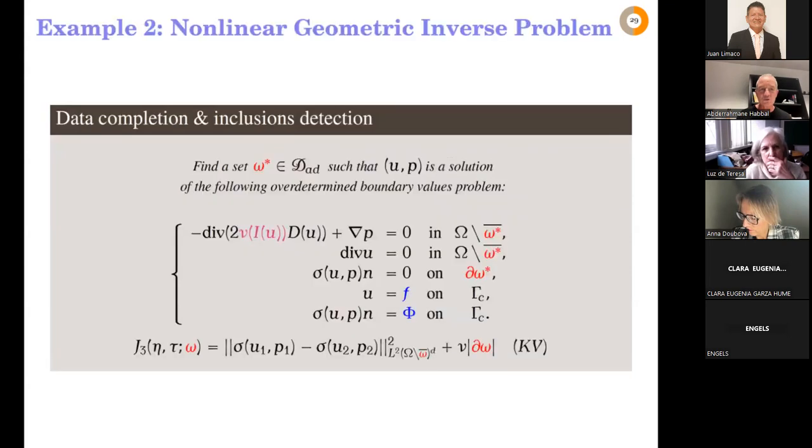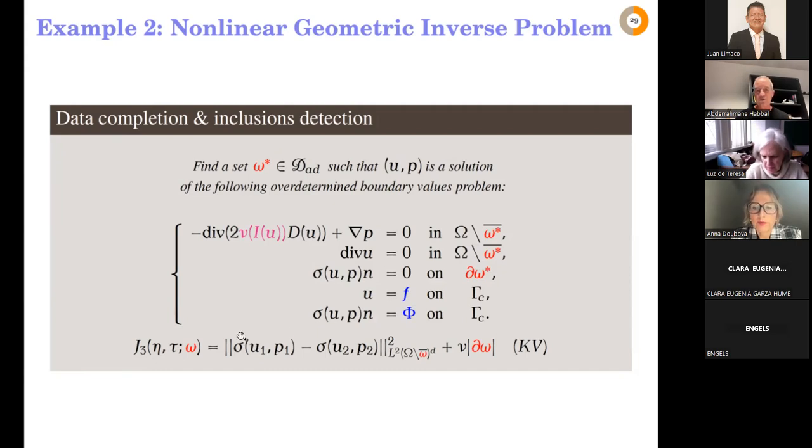And to conclude, so we said, okay, it works for data completion. Why not try to solve the two problems, completion and identification of inclusions, in this nonlinear setting?